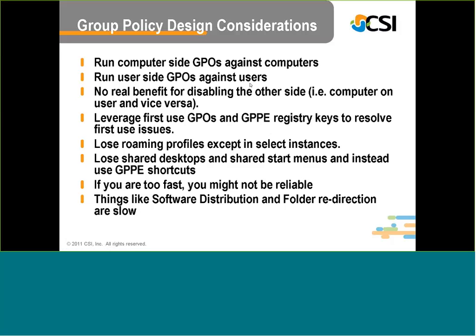For whatever reason, you cannot use the default computer container to put policies against in group policy. So I need a building A computers OU, a building B computers OU that I create, and then I can put policies there. I want to make sure that all the computer policies are running directly against the computer OUs, and all the user policies are running directly against the user OUs, and not waste time putting them in the root, where you're trying to run user stuff against computers and computer stuff against users, because everybody runs through the root on their way to whatever OU they belong to.